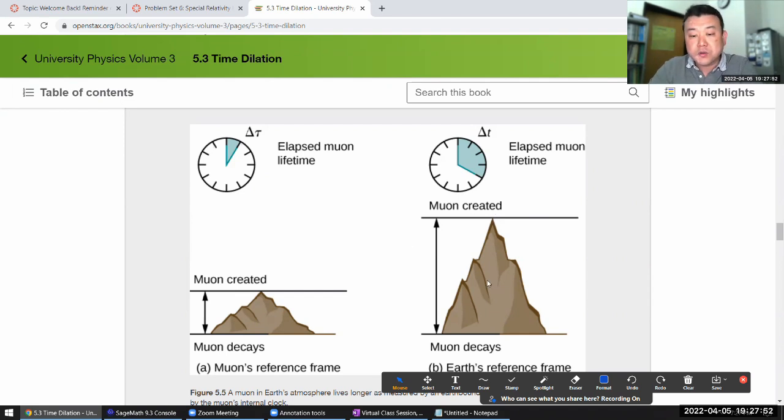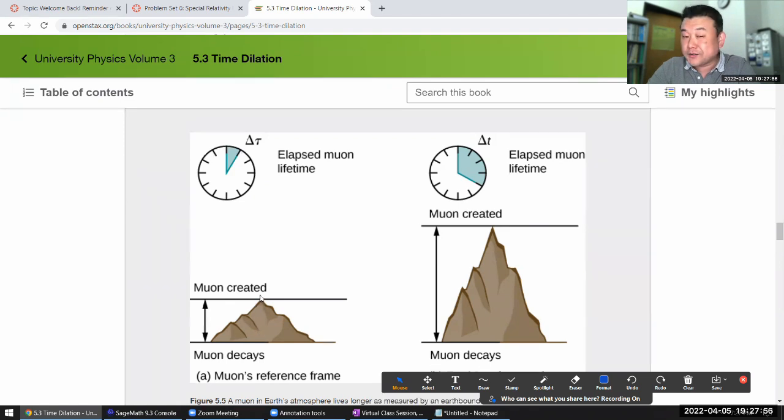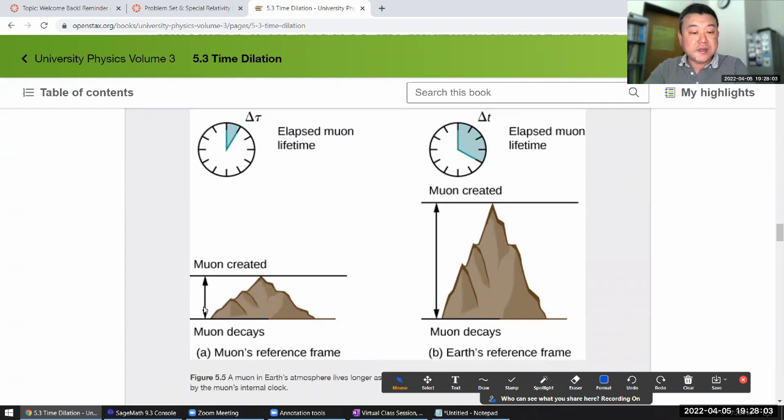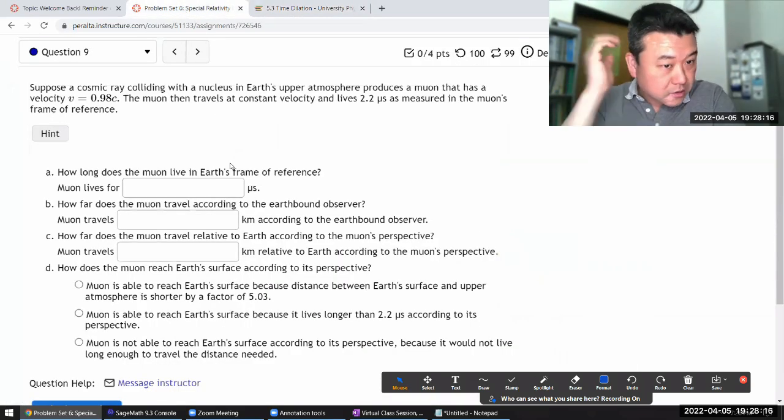How does the muon get to the bottom of the mountain? And the answer is length contraction. From the muon's reference frame, Earth appears length contracted. So the distance that the muon has to travel, or more precisely from the muon's perspective, the distance that the Earth has to come closer, is actually shorter due to contraction. So that's what the question is getting at. Let's just work through it.